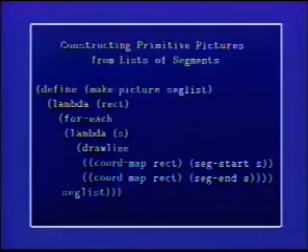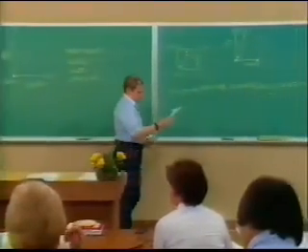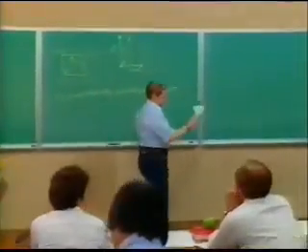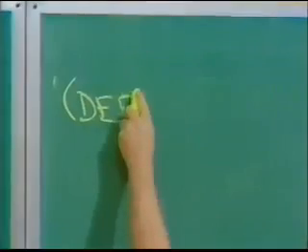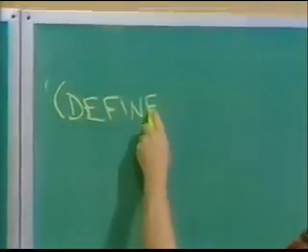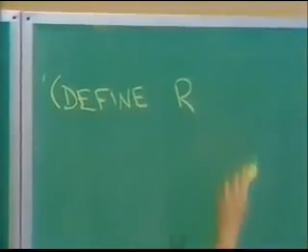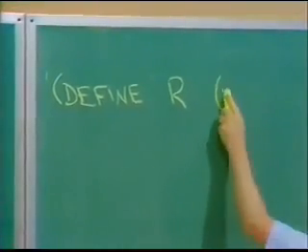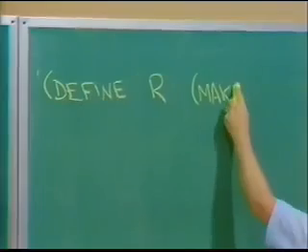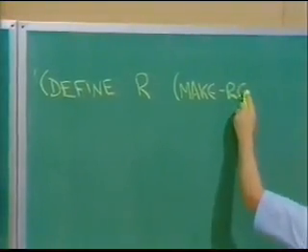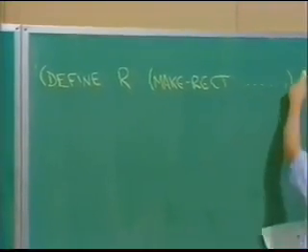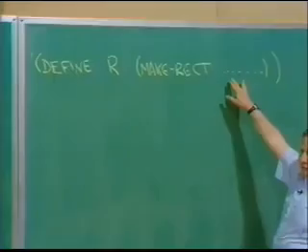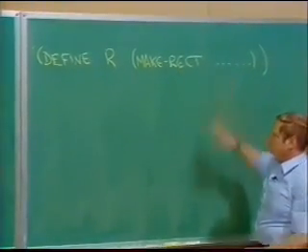Right, so how would I actually use this thing? Just to make it a little bit more concrete, I would say, for instance, define R to be make rectangle of some stuff, and I'd have to specify some vectors here using make vector.